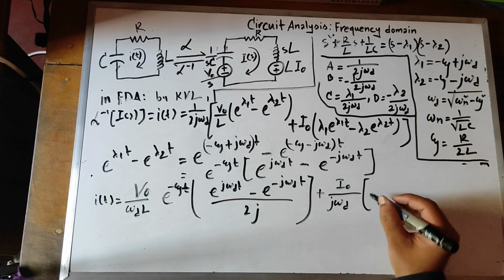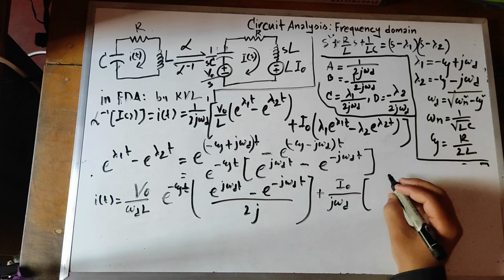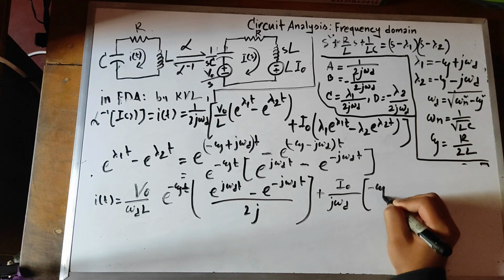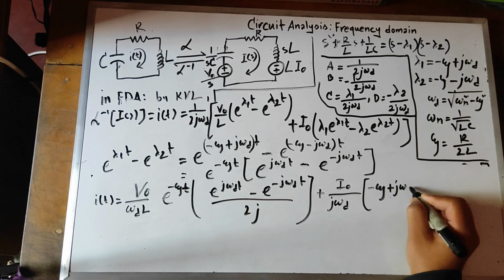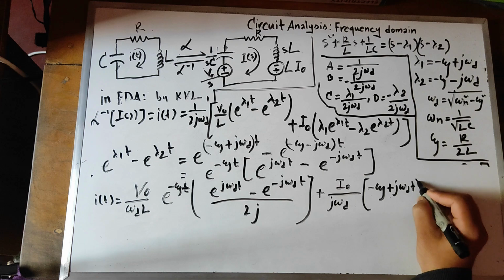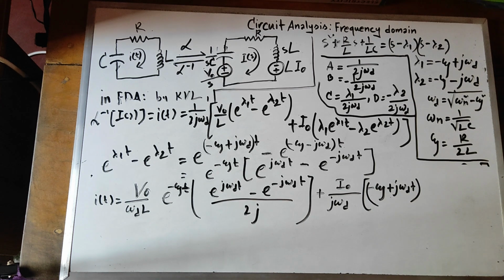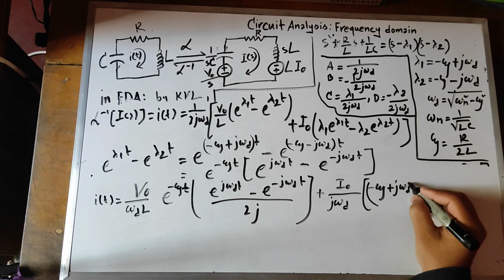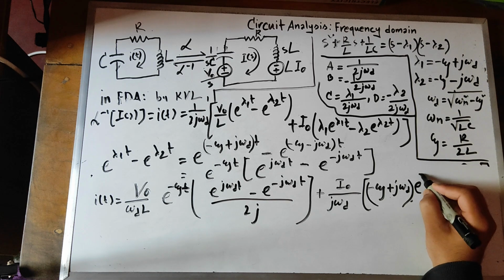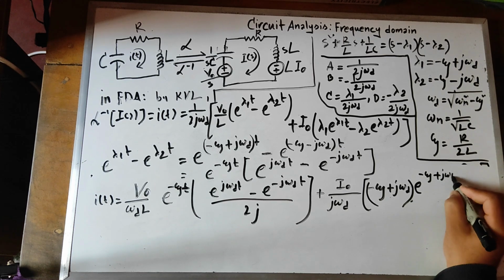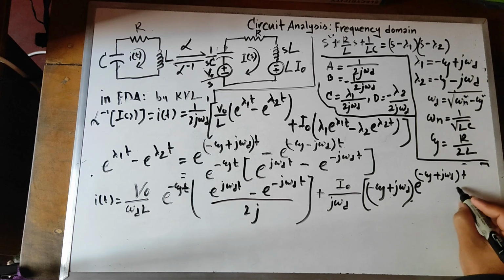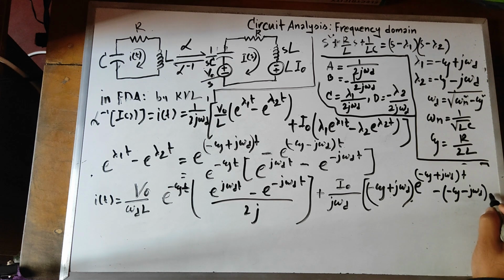If we break this lambda into lambda 1 and lambda 2, the roots, so minus psi plus j omega d, exponential minus psi plus j omega d in the brackets t, minus minus psi minus j omega d, cross the exponential minus psi minus j omega d in the brackets t.